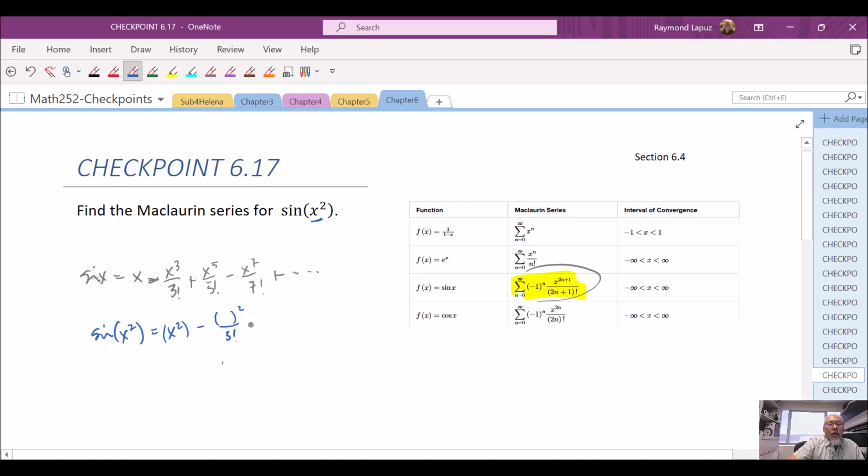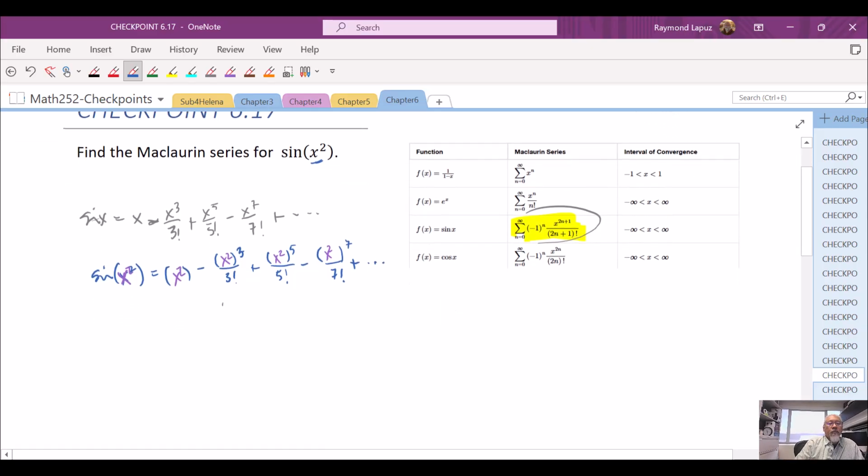So if we imagine filling this in like a template, this is to the third, 5 factorial, to the seventh over 7 factorial, and then we basically want to replace everything with an x squared. So this will be x squared to the third, x squared to the fifth, x squared to the seventh, and then we'll put the dot dot dot here to say that it goes on forever.